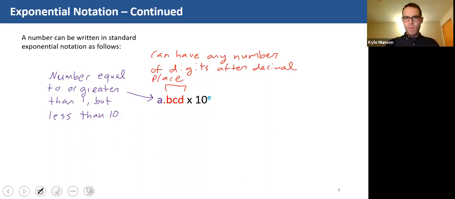It can just kind of go on quite a bit. And again, we're going to do examples to show this.